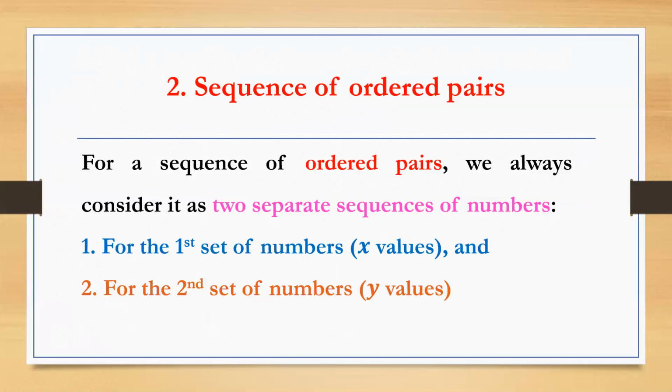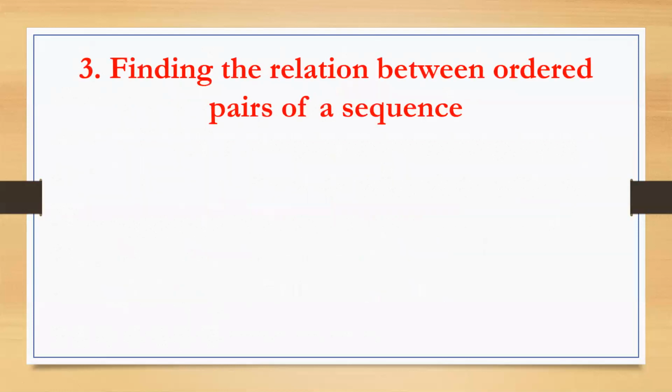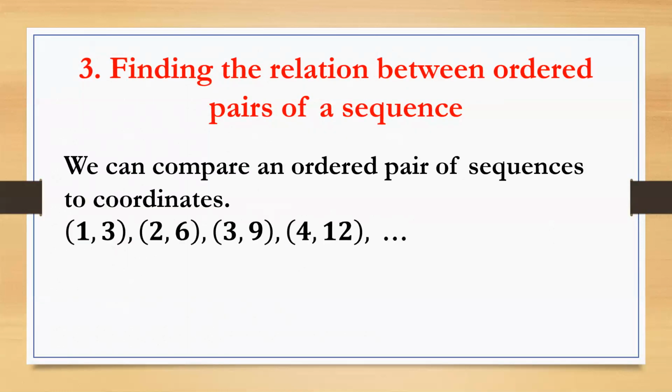We have also learned about sequence of ordered pairs, and we need to consider the sequence of ordered pairs as two separate sequences of numbers. That is, the first set of numbers will be the x values, and the second set of numbers will be the y values. And then we have learned how to find the relation between ordered pairs of a sequence.